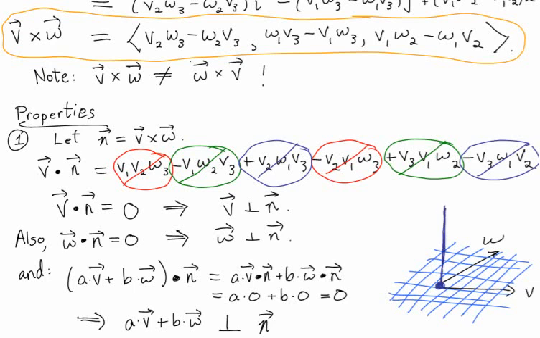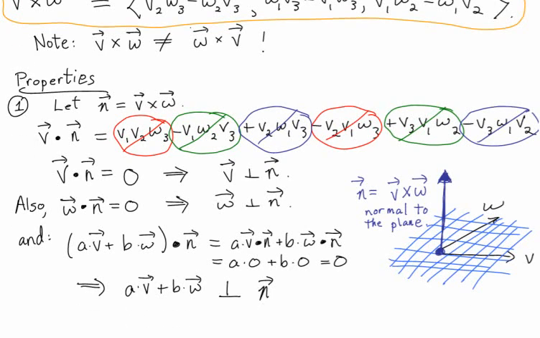So you can think of it as being perpendicular to the entire plane. There's v cross w. The reason I use the letter n is that when we're comparing a plane to a vector, we say that the vector n is normal to the plane spanned by v and w, meaning it's perpendicular to everything in that plane. And it turns out this vector will enable us to calculate a number of important things later on.